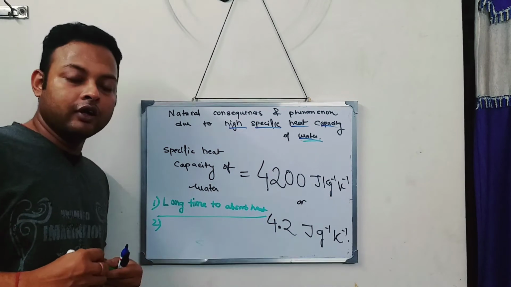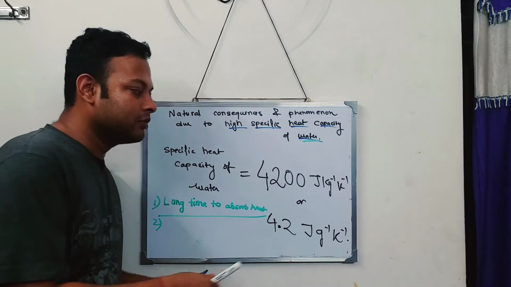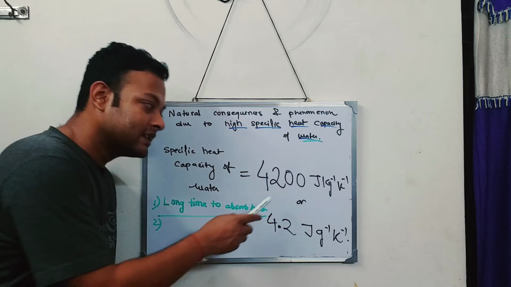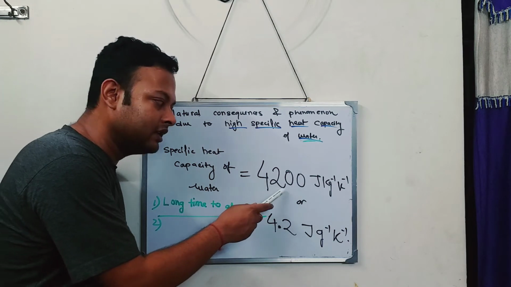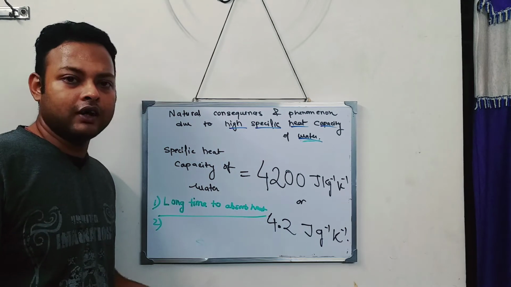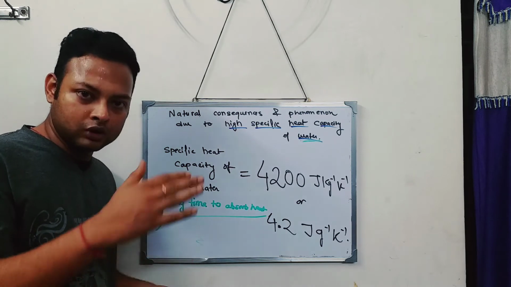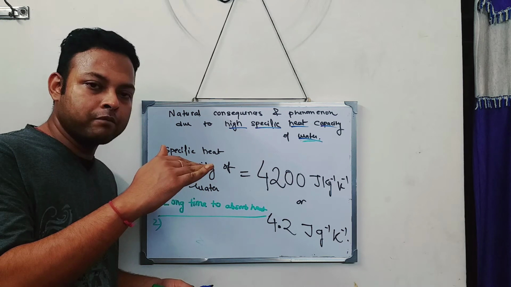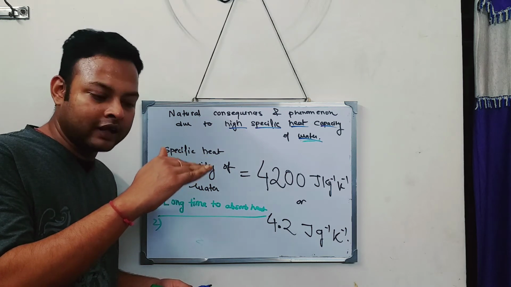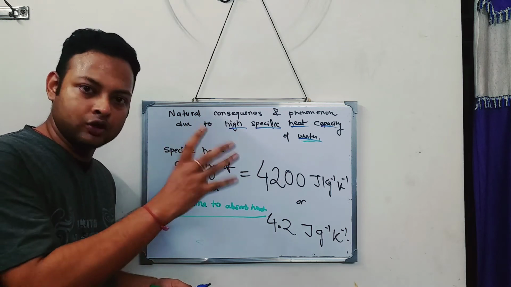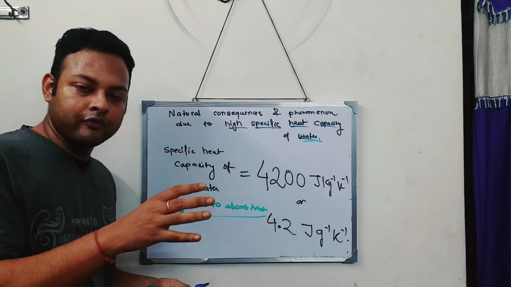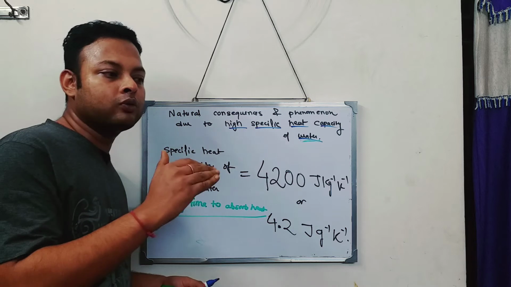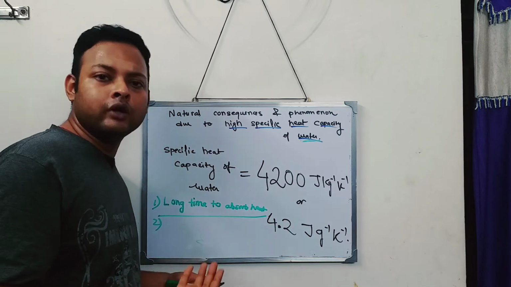Second thing, once it absorbs this much of heat, can it release this much of heat very fast? See, water when it cools down has to release the heat. Hot water, in the morning it is hot due to the sun's rays. In the night, that hot water will cool down. So when the hot water cools down, what will the water do?